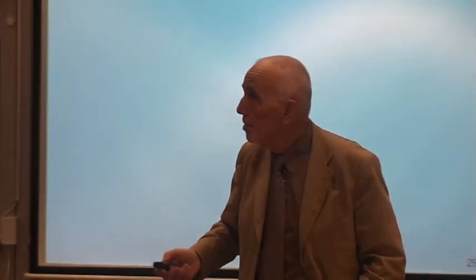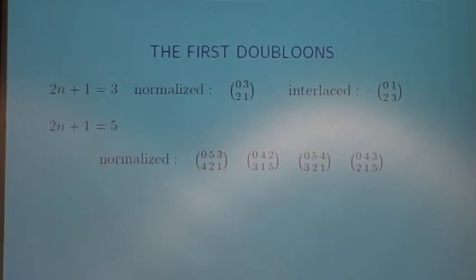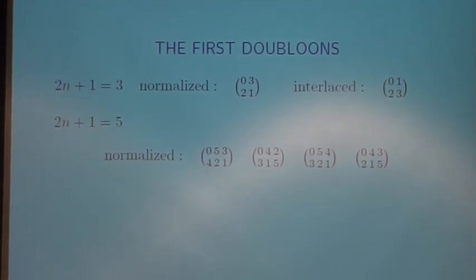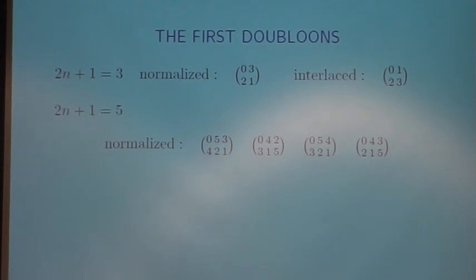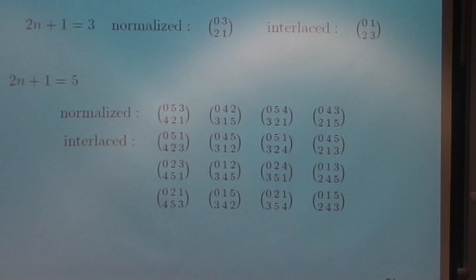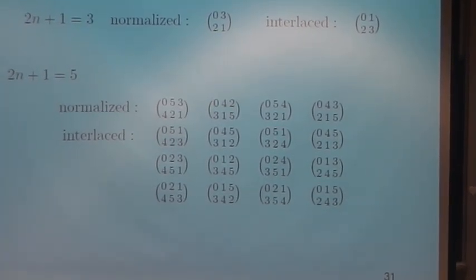For n equal to 2, there are already very many. 2n plus 1 equals 5. For the interlaced, that's easy.